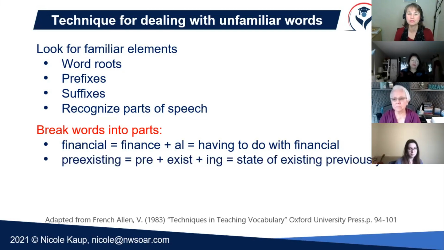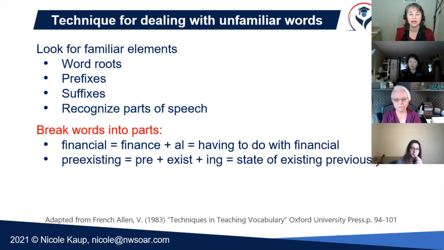Here's another example. This word has three parts. It has pre, which means before. It has the word exist in it, which you probably already recognize. And it has an ing ending, which I'm sure you recognize. Ing endings are a little bit tricky because they can be verbs, but they can also be adjectives. They can also describe something.